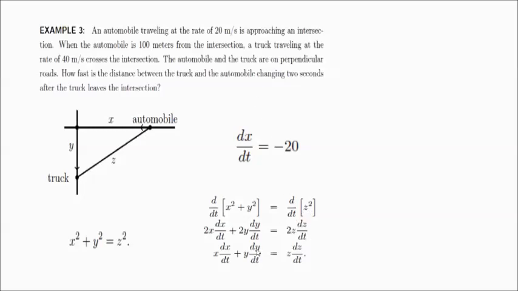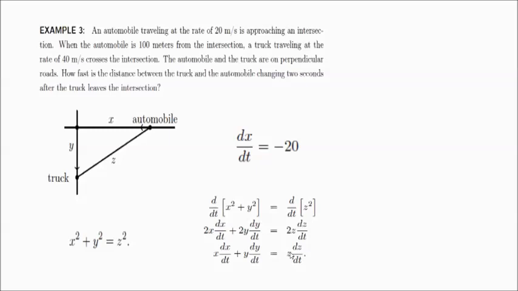Okay? So ngayon, ano yung mga given, class? We have dx over dt, okay na. dy over dt is 40. Diba? And then pinapakuha is itong dz over dt. Ngayon, ano pa yung mga ibang given? Wala yung x, y, at saka yung z.